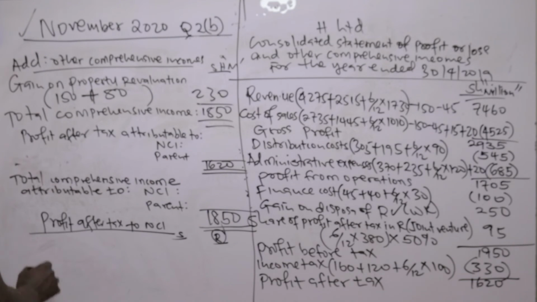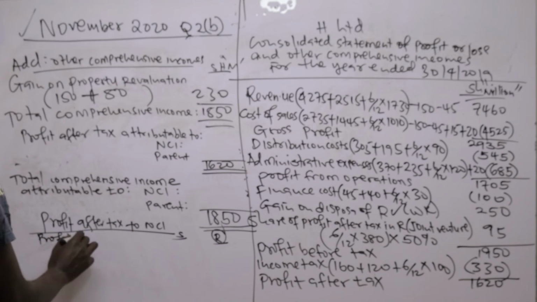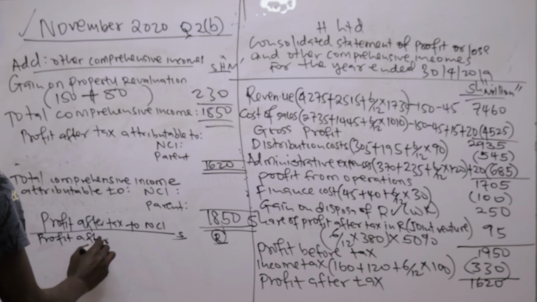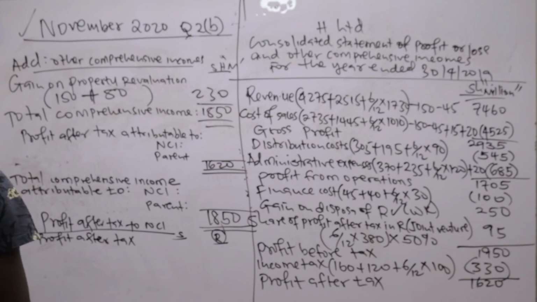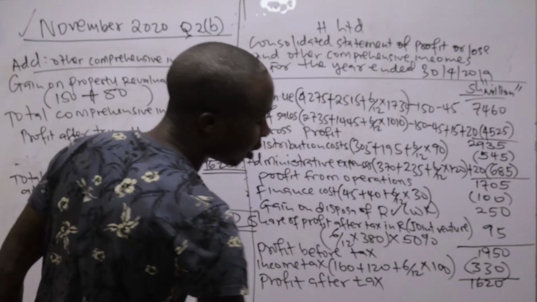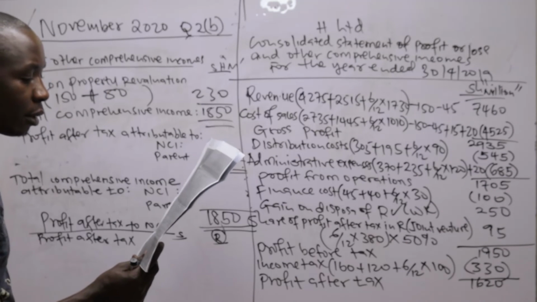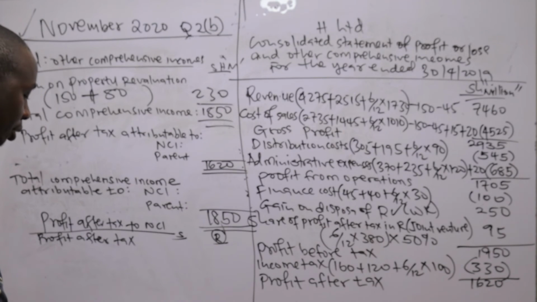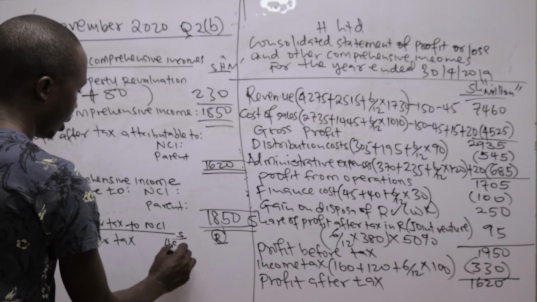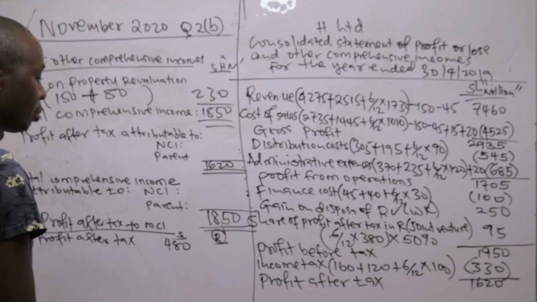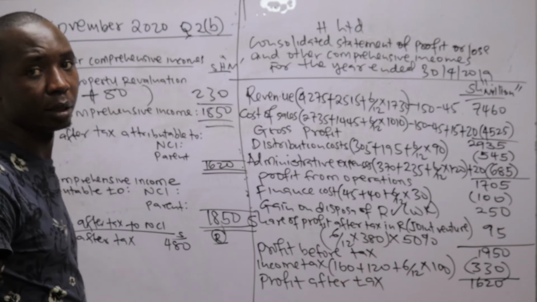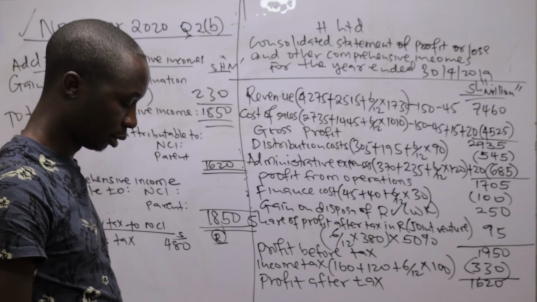So meaning that the profit after tax, we start from profit after tax of S and R. But remember for R, you have to consider 6 months. So for S, the profit after tax, based on my equation here, is 480. Then this one is 380. But now 380 divided by 2, because it's for 6 months.